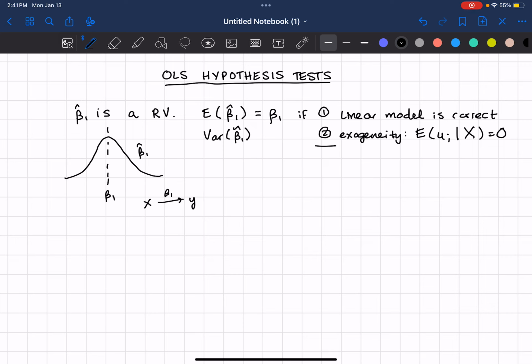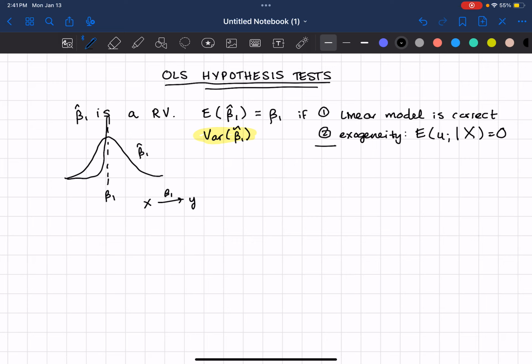What about the variance? The variance of beta 1 hat, that's the crucial thing to discuss doing hypothesis tests. So first, if the variance of beta 1 hat is very small, then it's saying that our estimate is very precise. Maybe it's something like this.